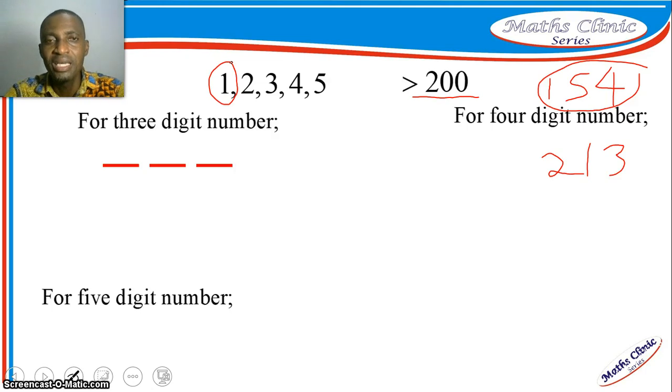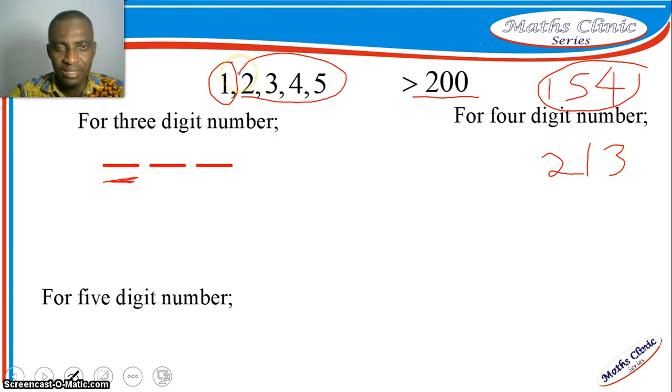So the first question is, how many ways can we position this place with the remaining numbers? And that is 4. Good. So that will be 4 ways. Then we put our 4 ways there. Then once we position the first to be 4, how many ways can we position the second digit?